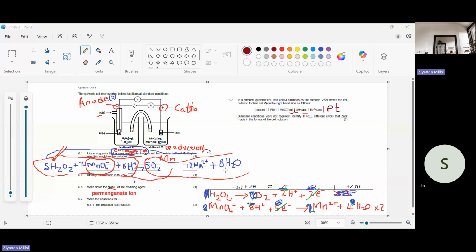Yeah. He used the balancing number 8, which is not supposed to be there on the cell notation. I hope you got it. Yes. He used a phase boundary separator instead of a comma to separate those aqueous solutions.